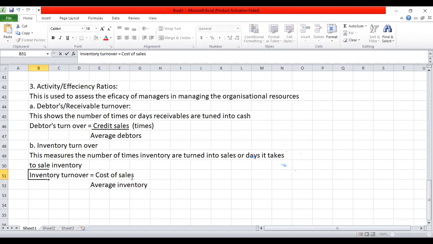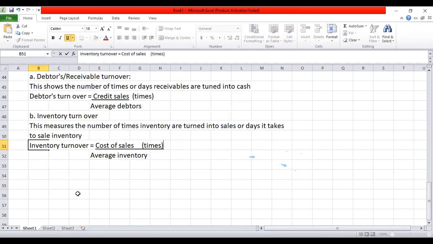We discussed those in our working capital, and here the answer is in times. If you make average inventory over cost of sales, then times 365, as we saw in the working capital, it becomes days.